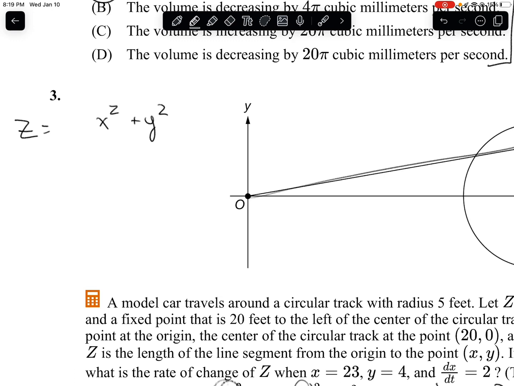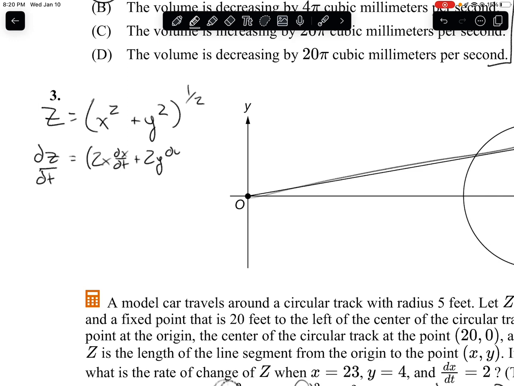I'm going to rewrite the square root as a power of 1/2 though, to make it a little bit easier to think about. Differentiating, lots of fun. On the left, dz/dt, and on the right, differentiating the inside, 2x dx/dt plus 2y dy/dt.